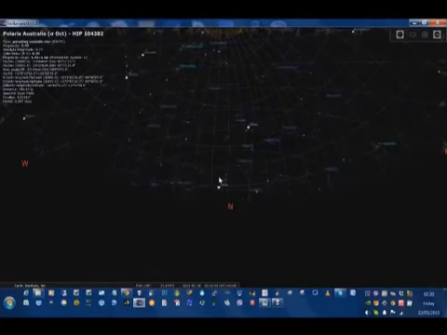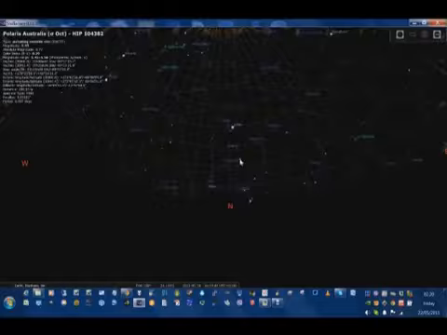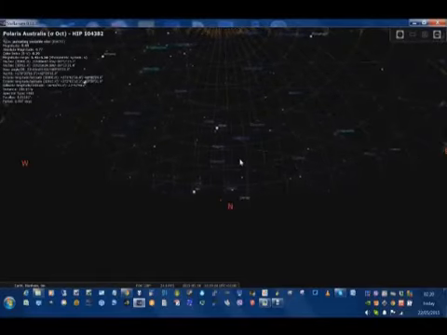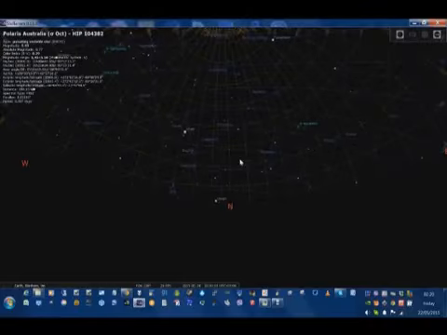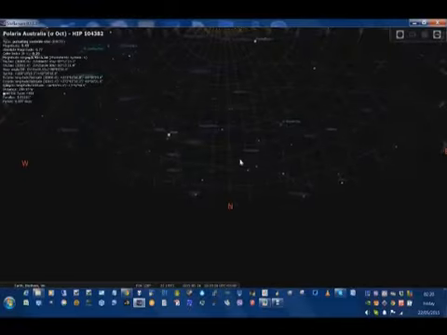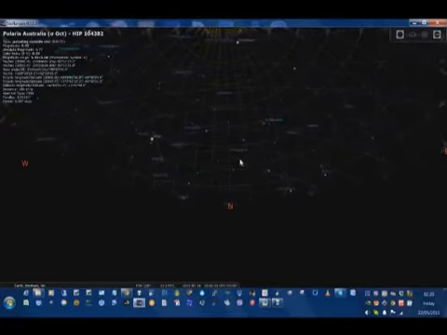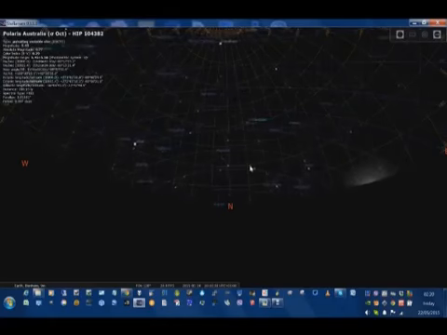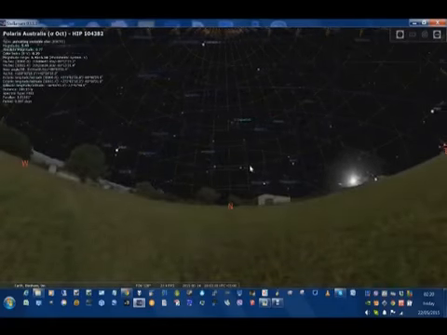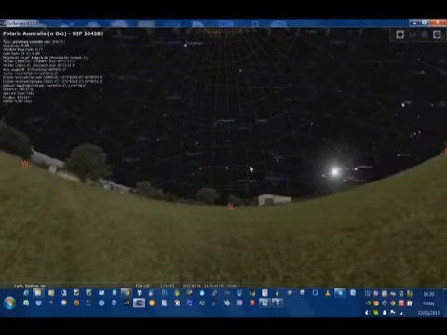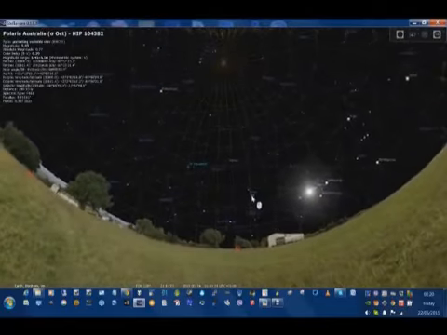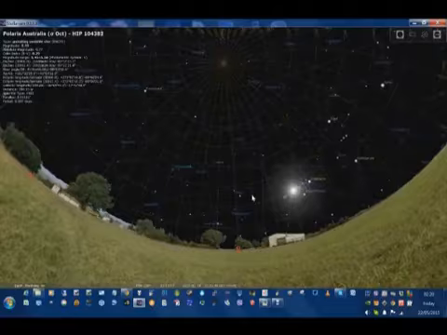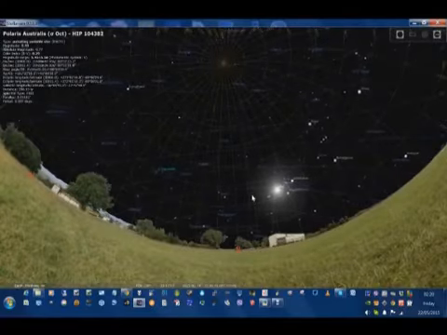Well, it shows you that in the planisphere projection, there's only one axis of rotation going on. So the stars are only circulating around one point. And when you look in the other direction, they are not circulating around a point at all.